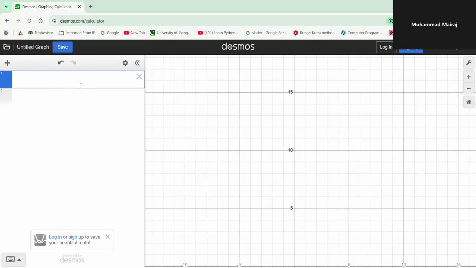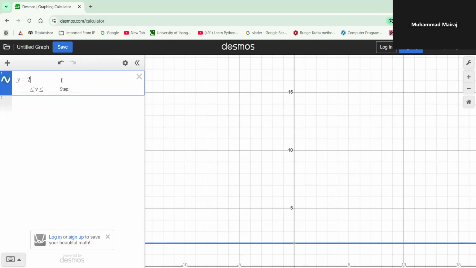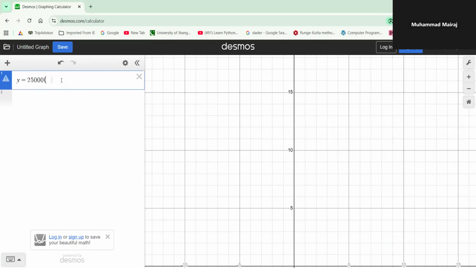So the first step is to find A from here. At t equal to 0, we first put the equation y equal to 25,000 times 1.08 to the power of x.